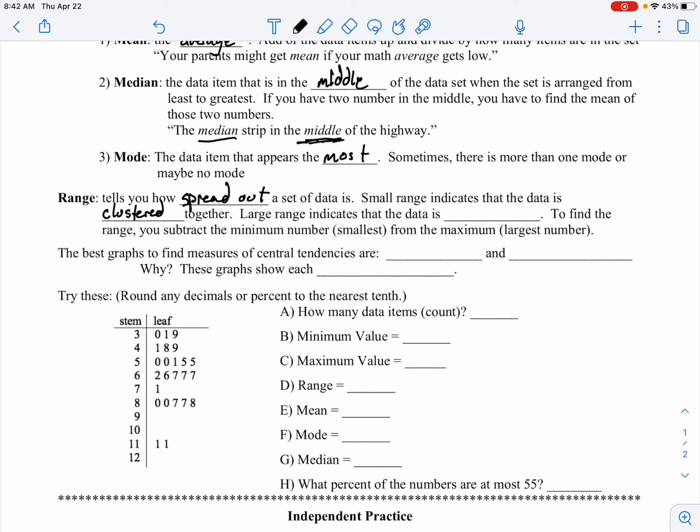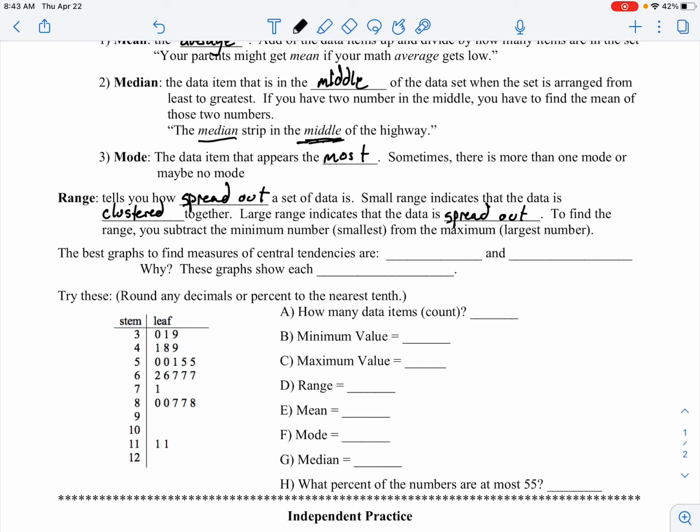A large range indicates that the data is spread out between a lot of values. To find the range, all we have to do is take our smallest number and subtract it from the biggest number. So biggest number minus smallest number will give us our range.